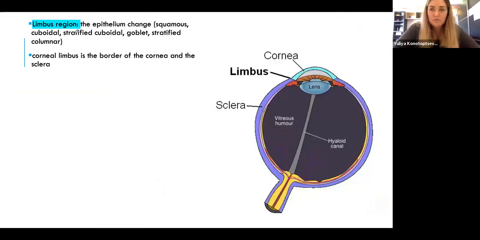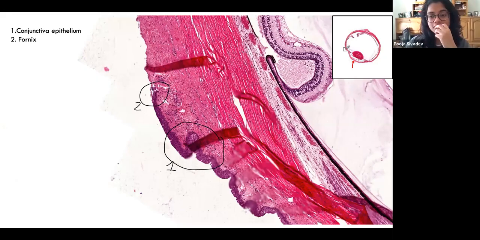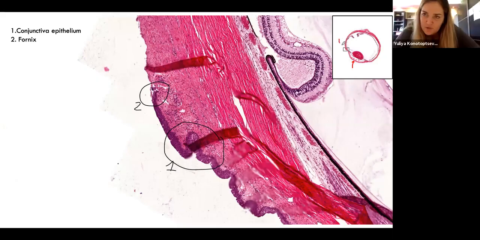Limbus, we talked. Okay, so take a look where we are. What was this? I know it's very little, but what is it? Cornea. How do we call the cavity behind it? Anterior chamber. So take a look where the little square is. What are we looking at? What is this, the most superficial part?